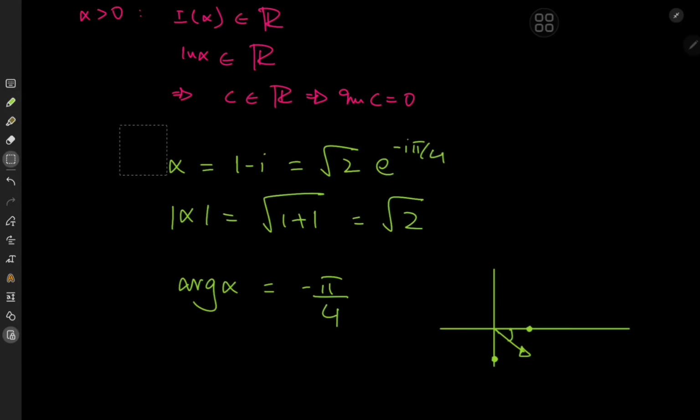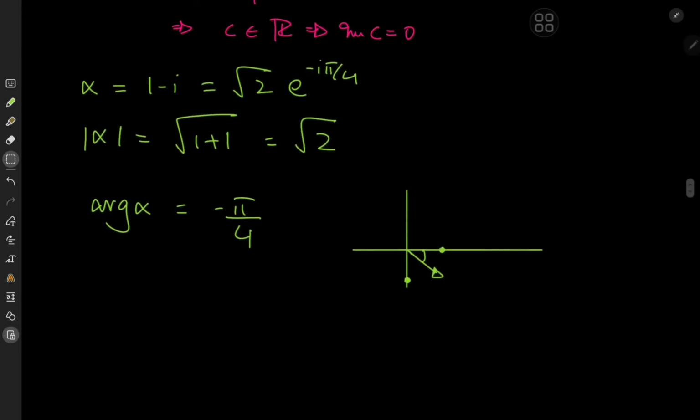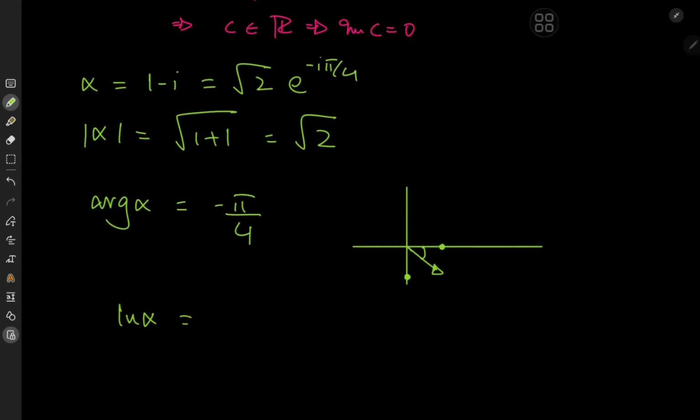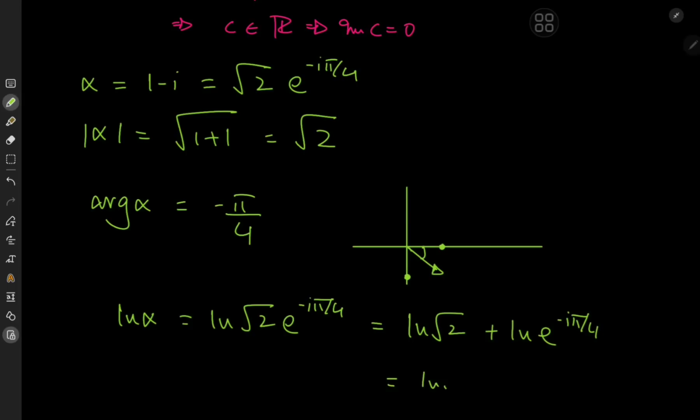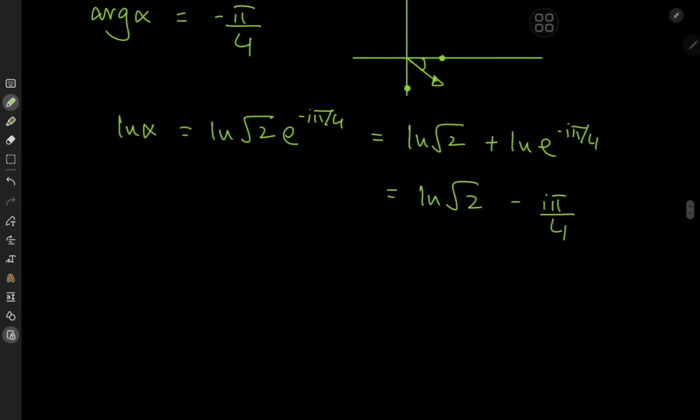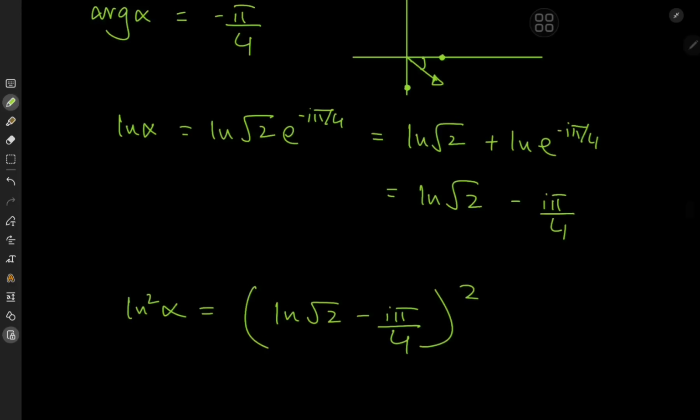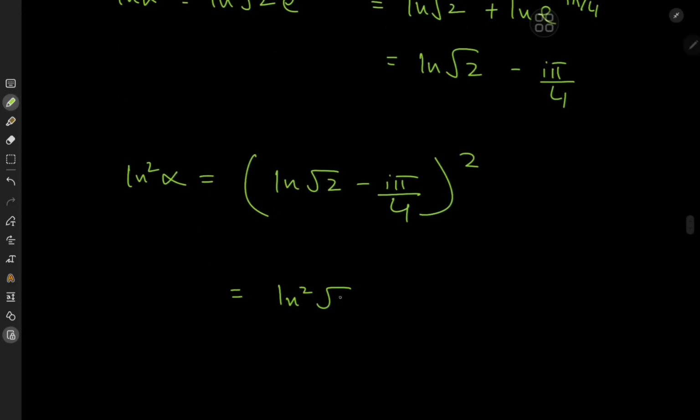And now we can easily evaluate the logarithms. So we have log alpha being log root 2 times e to the negative i times pi by 4, which using the properties of the logarithm equals log root 2 plus log e to the negative i times pi by 4, which of course gives us log root 2 minus i times pi by 4. Now we also needed the square of this logarithm, so log square alpha in our case would be the square of log root 2 minus i times pi by 4, which would give us log square root 2 plus i squared pi squared by 16.